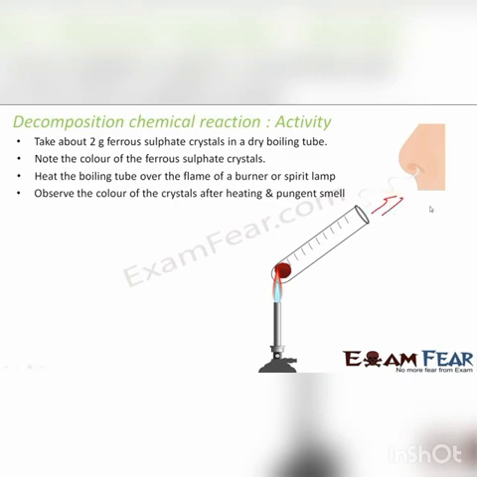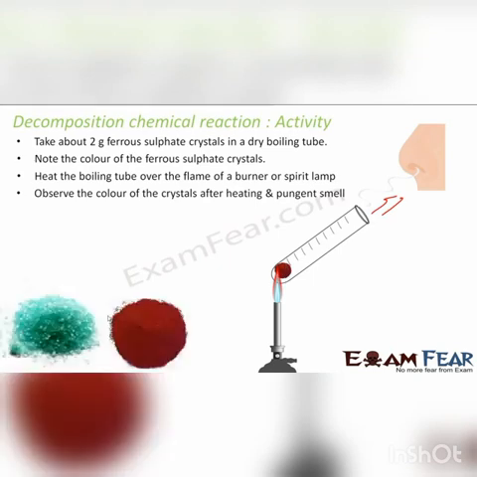The smell comes out. There are two things: one is the color change and the other is the smell. So if you see, this was my original compound and this is my new compound, right? This is my old compound.